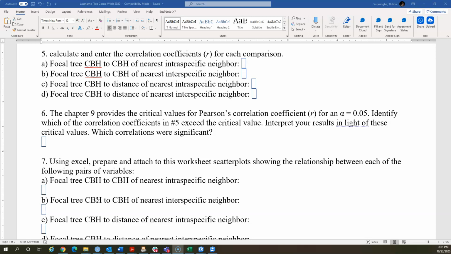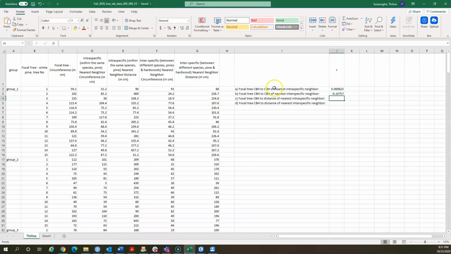Remember, you actually had 15 multiplied by 4, and if you counted my Excel sheet, you are going to see 45 data points. So that is your N. Sample size is 45. The corresponding threshold for R value for that particular sample size is 0.294. Okay, so let's put it over here, right?